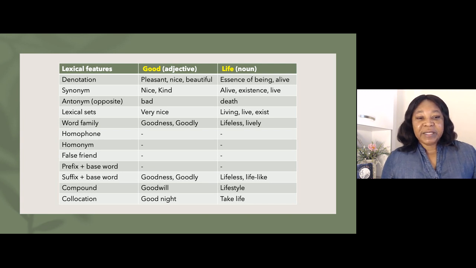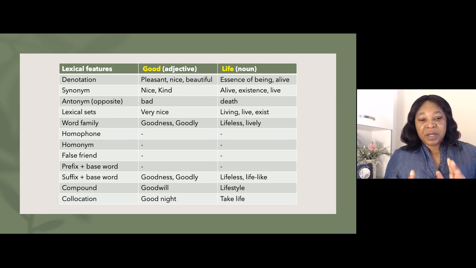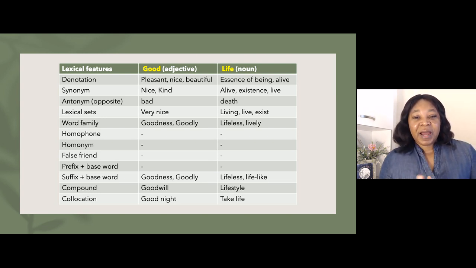I couldn't find a homophone. I wonder if there's a homophone or homonym for life in English, I couldn't find one. Could it function as a false friend, perhaps in another language that I'm not familiar with? Prefix, is there some prefix, a unit we can put at the front to create a new word? If you can find one, I couldn't.